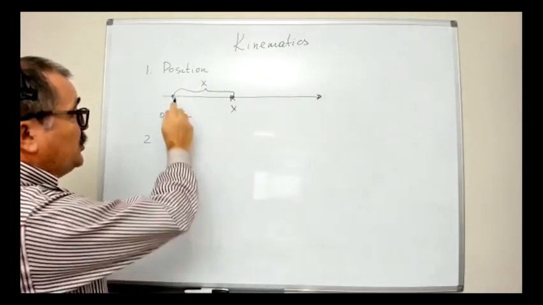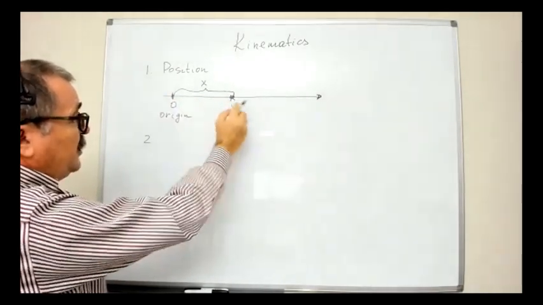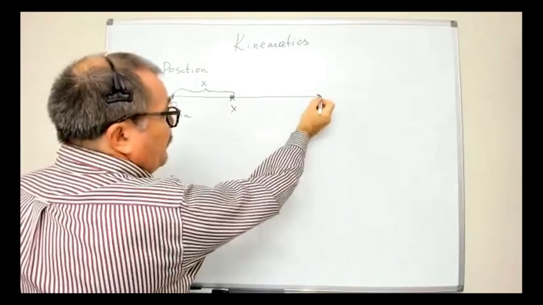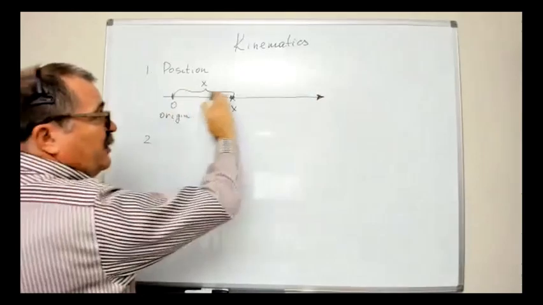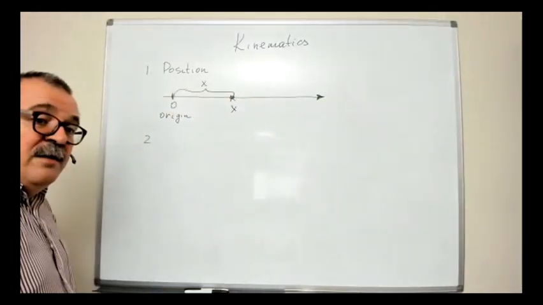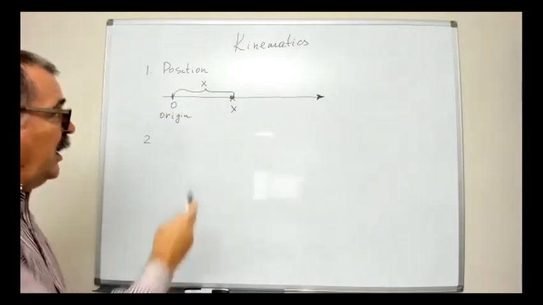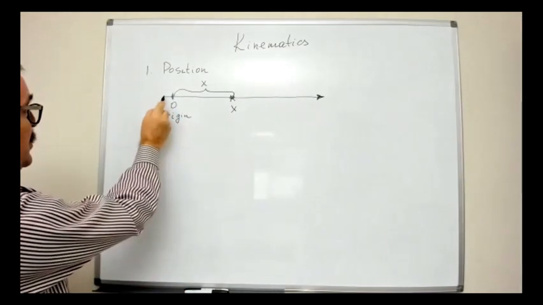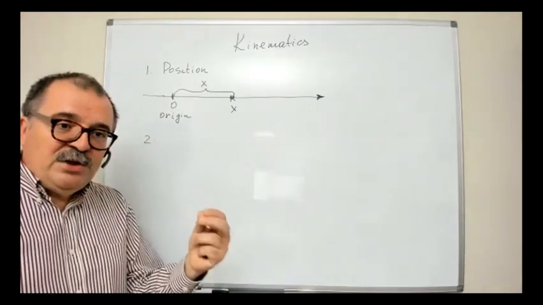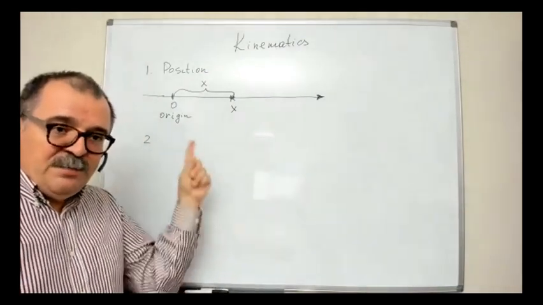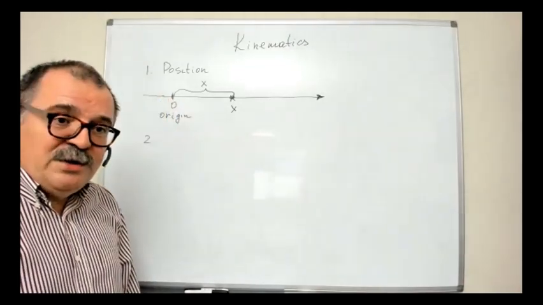And that position, as you can see here, if you go to the right, my reference frame has this arrow. That means that everything on the right will have a positive value, and everything on the left, in this direction from 0, will have a negative value. So that's why the position may be positive or negative with respect to the origin of the coordinate system.